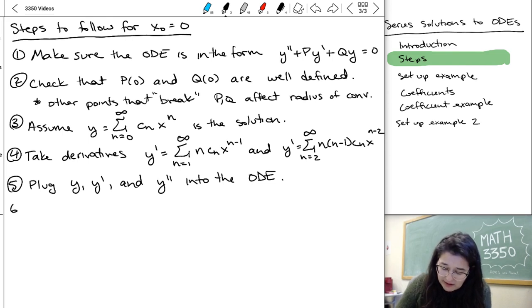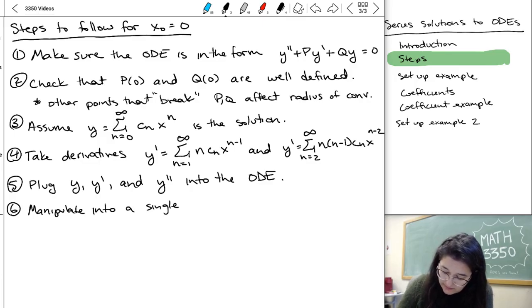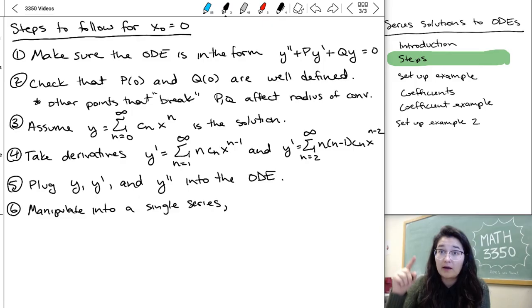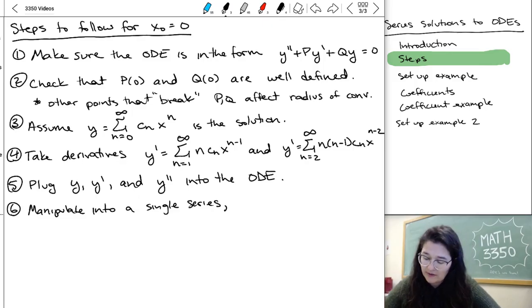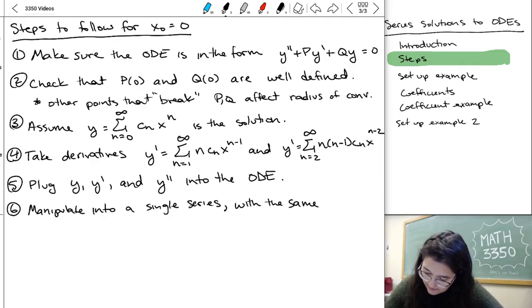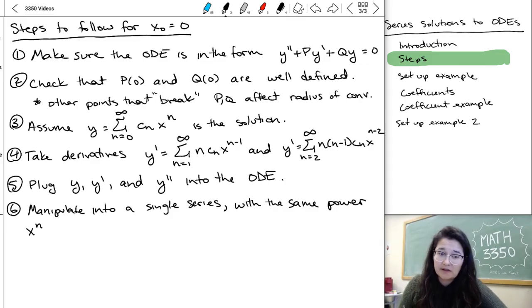So what we need to do is manipulate everything into a single series. I'm listing in the order that you will do this. You need to make sure that they have the same power first.